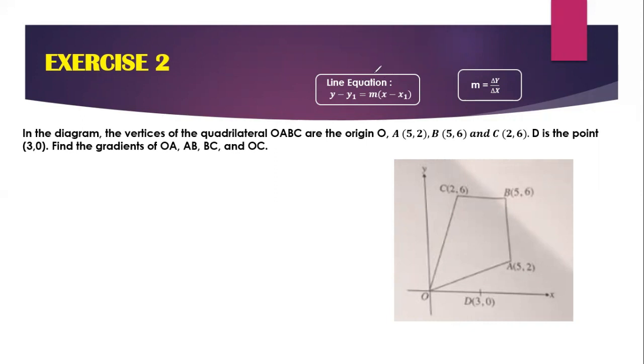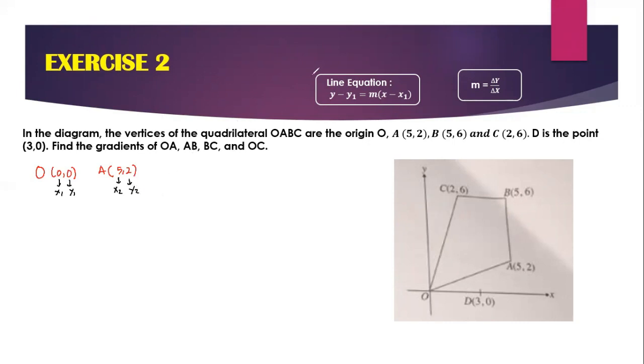Very easy. O, the origin, is (0, 0), right? And then A is (5, 2), right? Good. Now the gradient. So let's say this one is x1, and this one is y1, and here is x2, and here is y2, right?